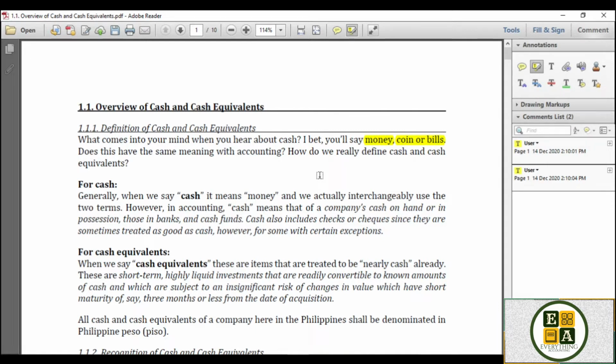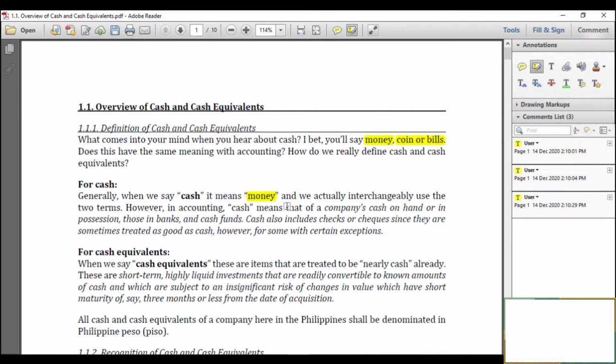Now, ano nga ba yung meaning ng cash dun sa accounting? Pag sinabi nating cash sa accounting, it actually means money. It really means money, generally. However, to be specific, ano nga ba yung nagko-compose doon sa tinatawag nating cash?